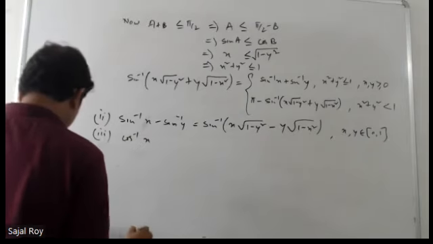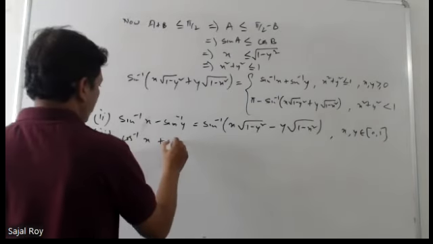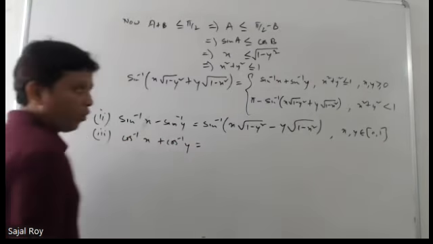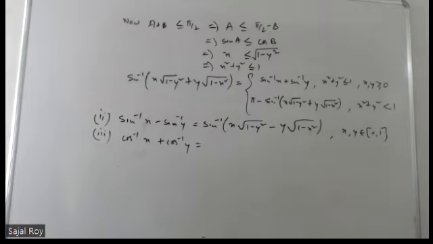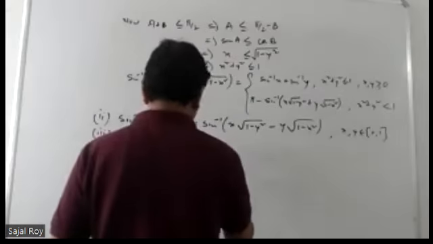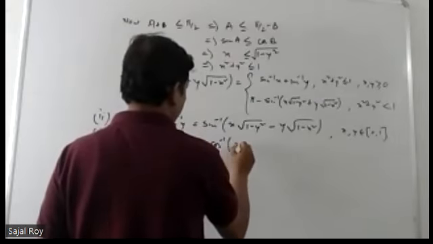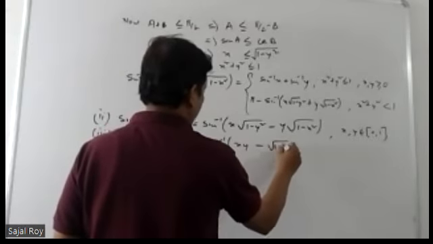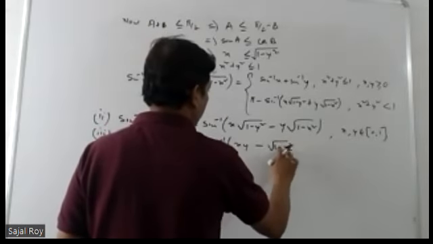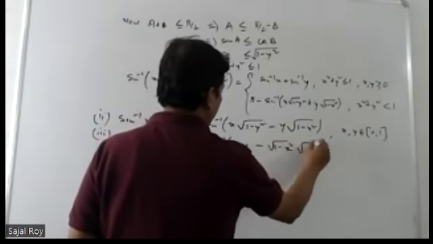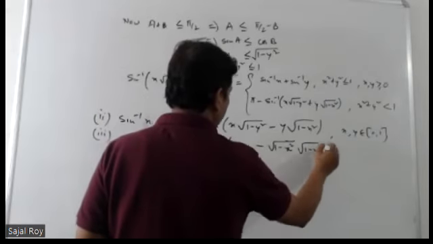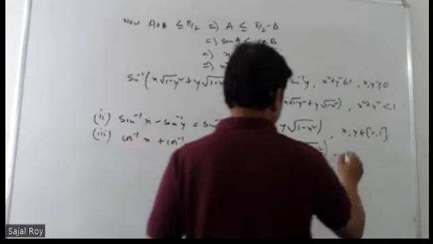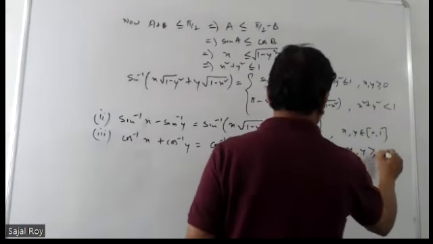Number 3, cos inverse x plus cos inverse y. What is the formula for cos A plus B? Cos A cos B minus sin A sin B. So cos inverse of xy minus root over 1 minus x square into root over 1 minus y square, for x, y greater than or equal to 0.